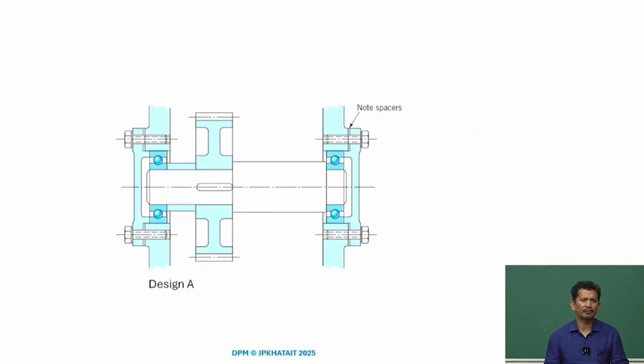This is one example here, again for mounting a shaft with the bearings. If we look at this design, the shaft, and there are 2 bearings here, left and right. What we realize is that if there is load in this direction, yes, the end caps are there, so the movement is blocked by the end cap on the left.